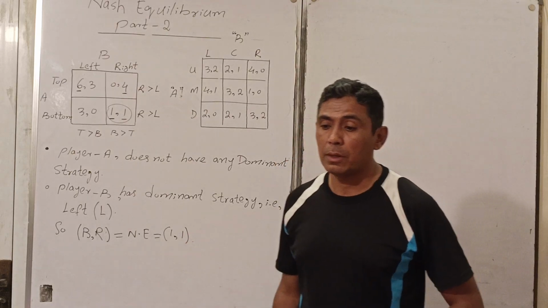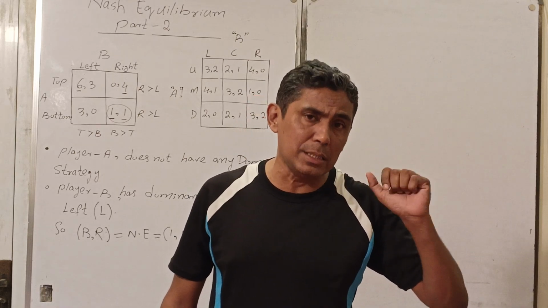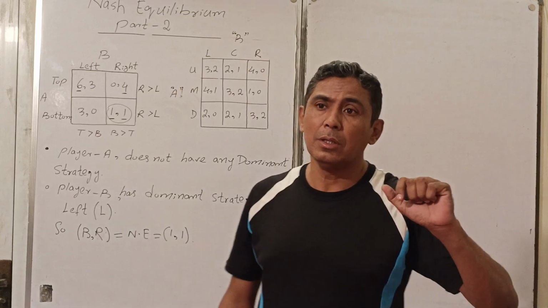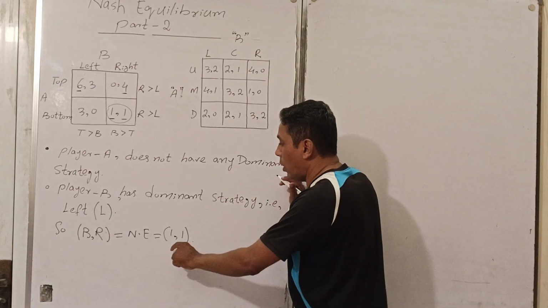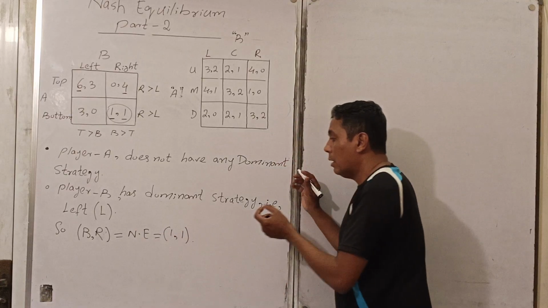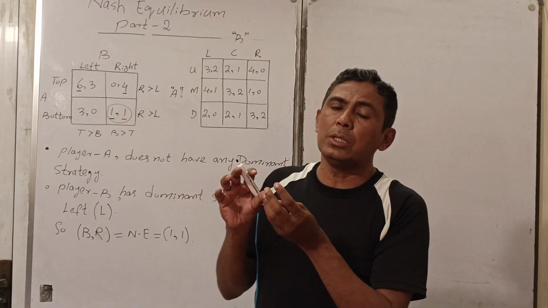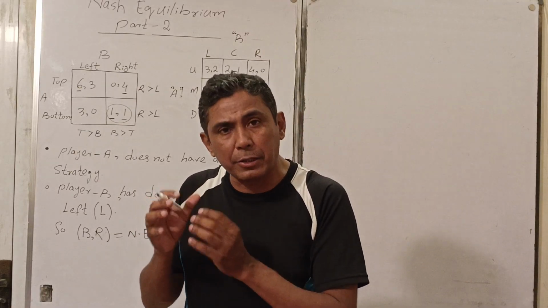So whenever we look at this decision or outcome, what is the outcome? 1, 1, that is, bottom and right. So in that condition, individuals A and B both do not have any kind of regret here.